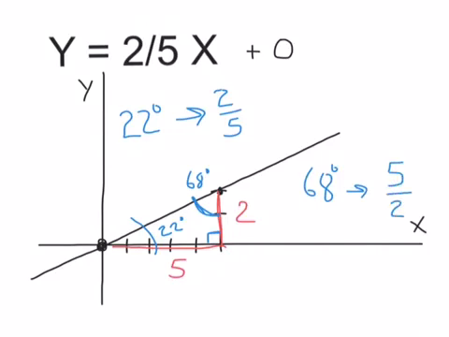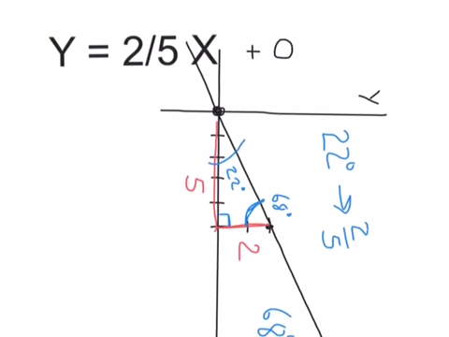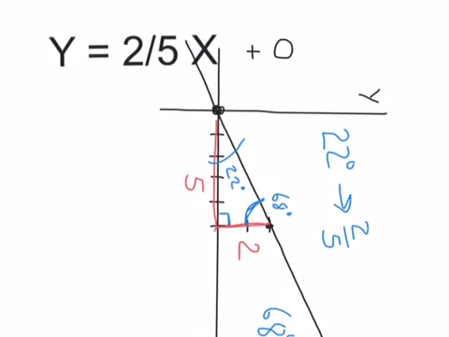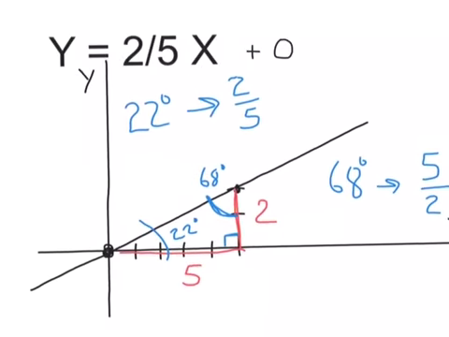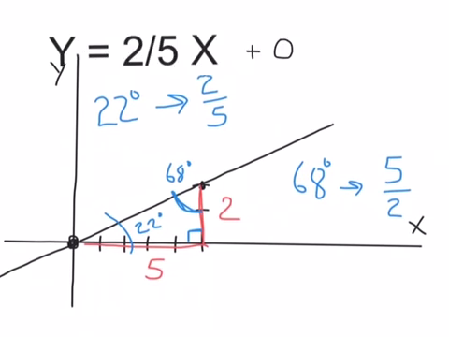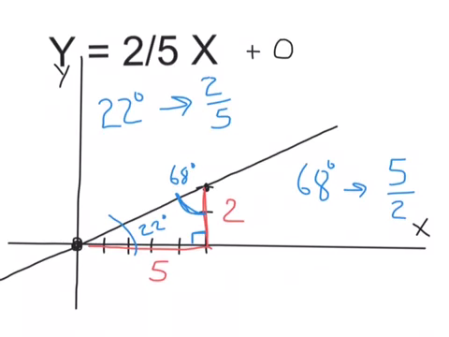Don't forget, we could kind of spin it like this. So now we got 68 degrees is right here, and we look at rise over run, up and over. Okay, so that's one way to look at it as well. So let's turn that back. Like that. Okay, let's look at the next thing.